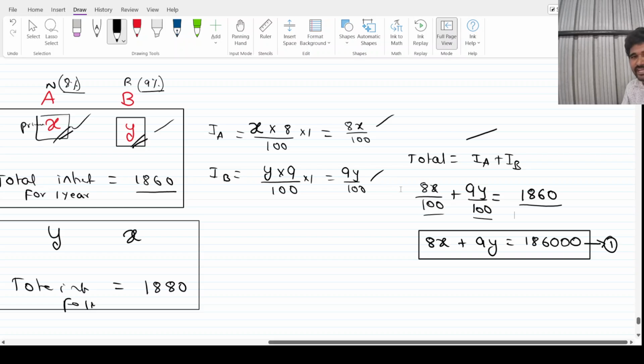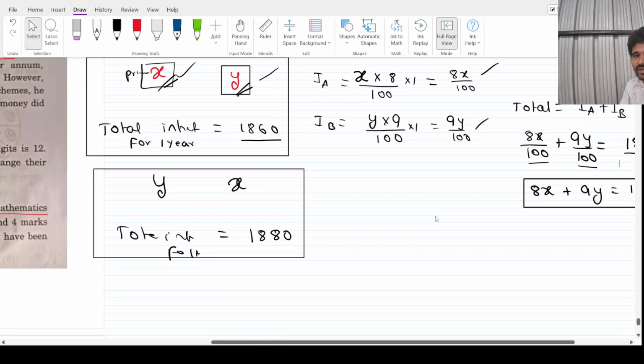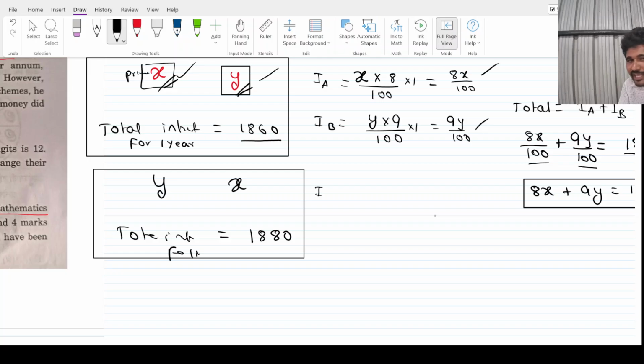Now come to the second equation. What is the interest provided by bank A now? Now it is 8y. So can I write directly now? 8y by 100. What is the interest provided by the second bank now? 9x by 100.